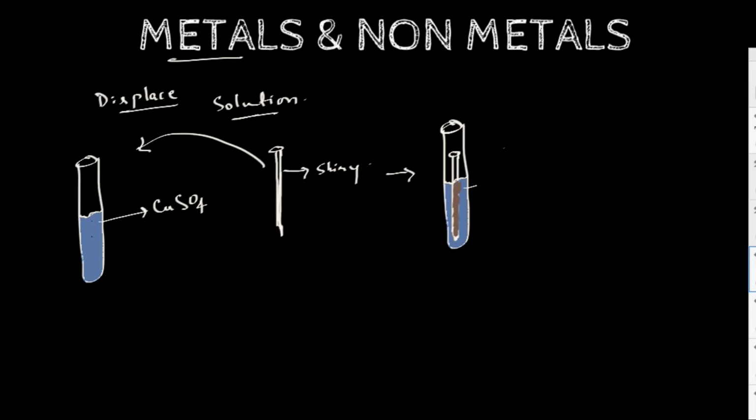That brown coating is nothing but copper getting deposited on the surface of the nail, and the color of the solution, which was earlier blue, now becomes a little bit green. If you observe here, the nail which is not dipped inside the copper sulfate solution is still shiny. So this concludes the chemical properties of metals and non-metals.